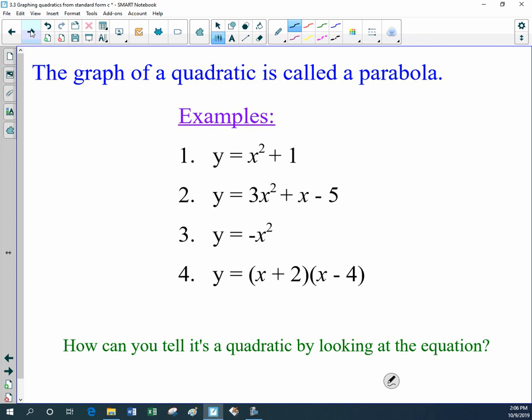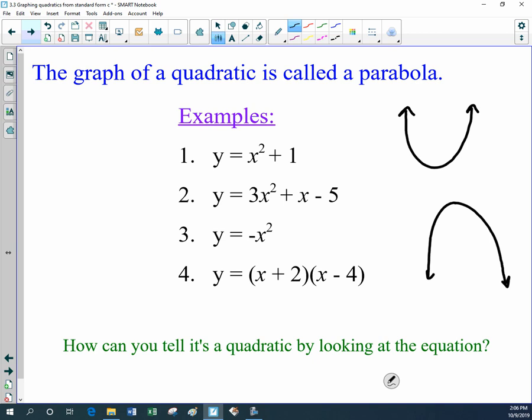The graph of a quadratic is called a parabola, and we touched on this a little bit already in the last unit, but the graph is going to be a U-shaped graph that either opens up or opens down, depending on the value of a.